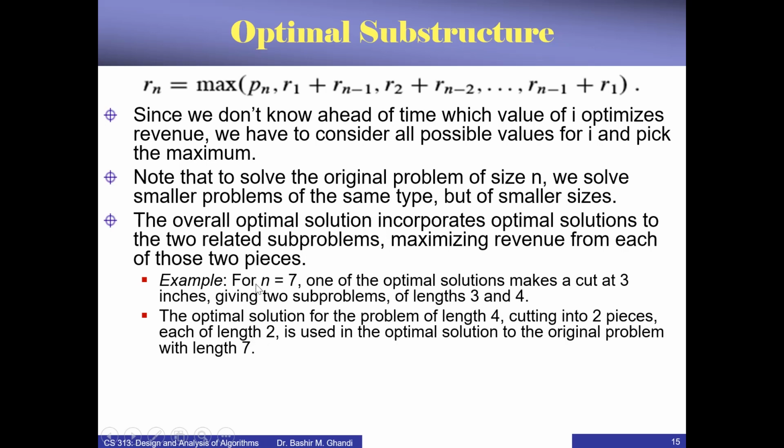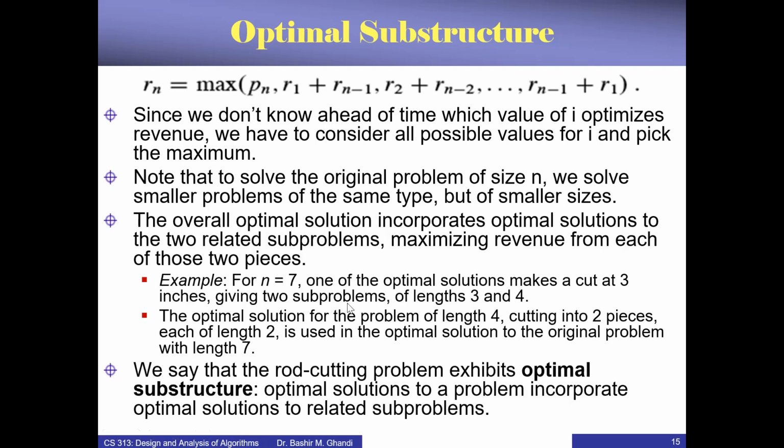If you have this kind of situation where the optimal solution for a problem involves the optimal solution for the subproblems, then the problem is said to exhibit what is called optimal substructure. This is another requirement for you to be able to apply dynamic programming.